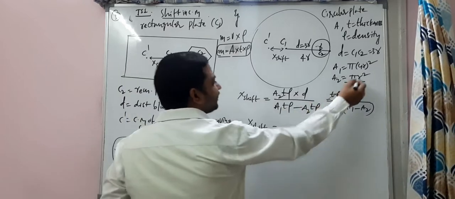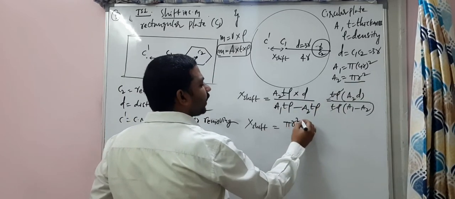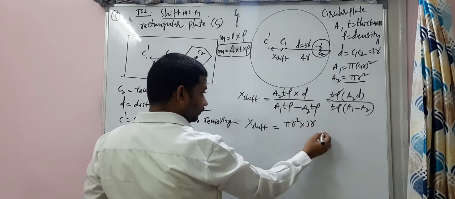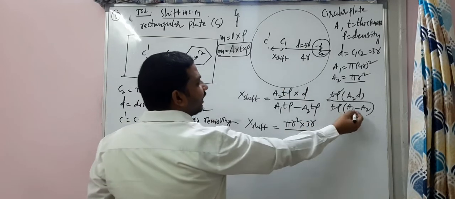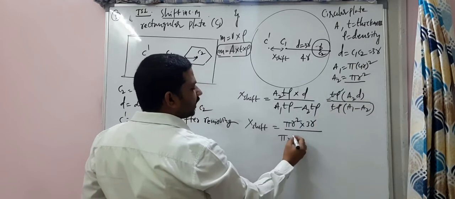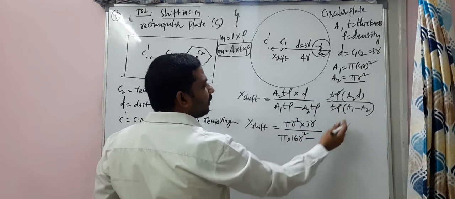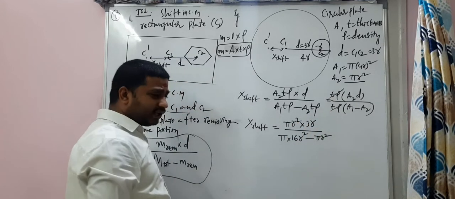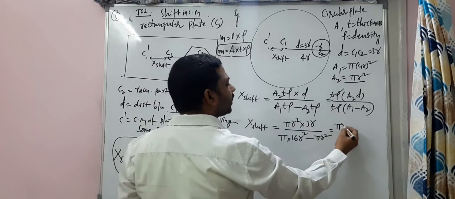Let's do that. Area of the second case is pi r square into D. D is 3r, divided by A1. A1 is pi into 4r square, that is 16 pi r square, minus A2. A2 is pi r square. Here also, pi r square you can take common.